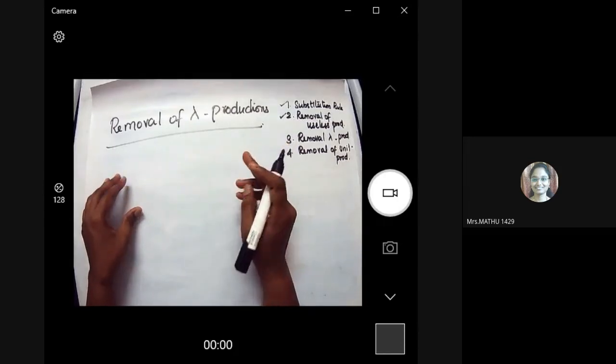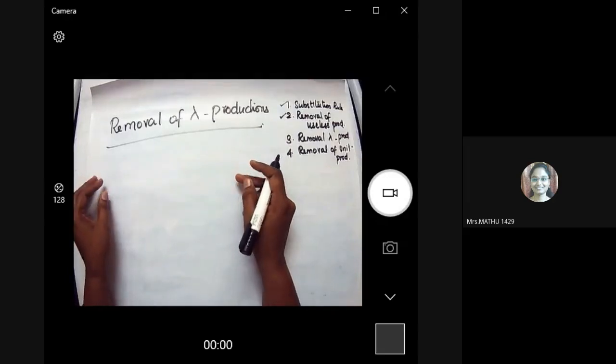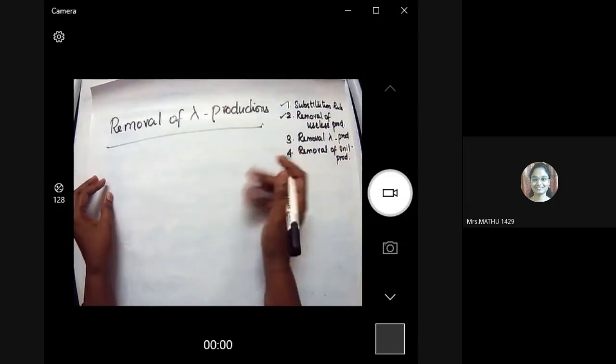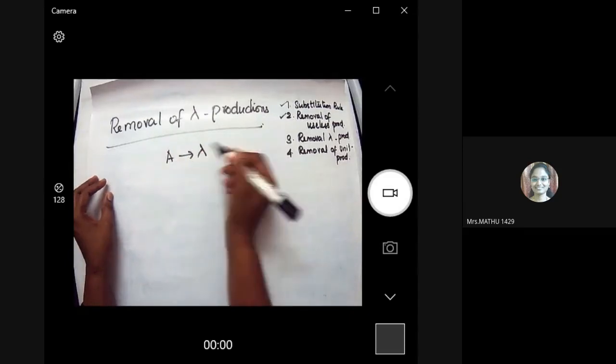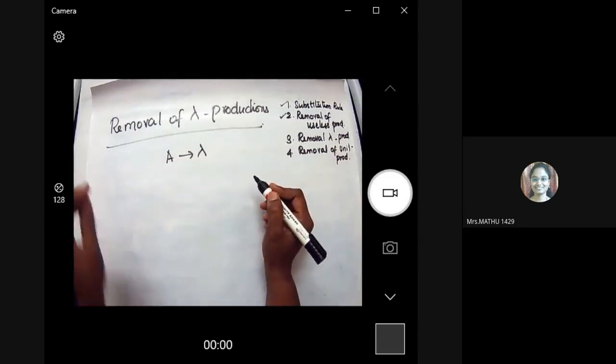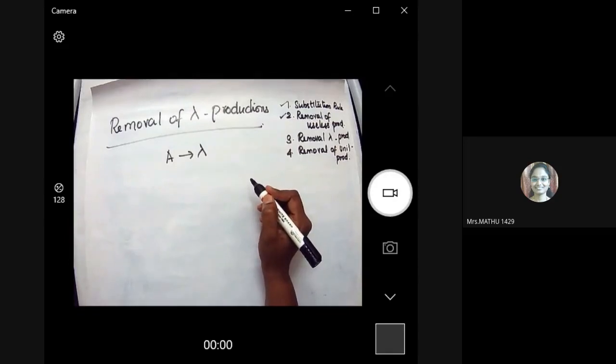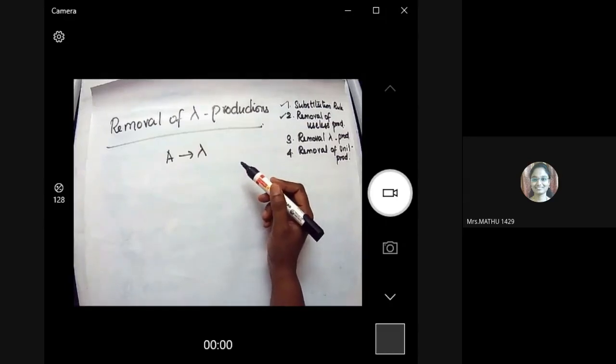Today, one such undesirable production is one having an empty string on the right hand side. We want to remove such productions from the context-free grammar.